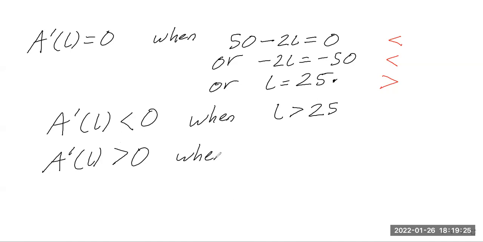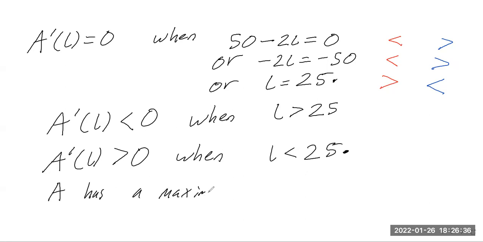Now, what about positive? Well, I start things off greater than. Still greater than, but then I have to flip to less than. So basically, what the first derivative test is now telling us is that A has a maximum at L equals 25. In fact, it's an absolute maximum.